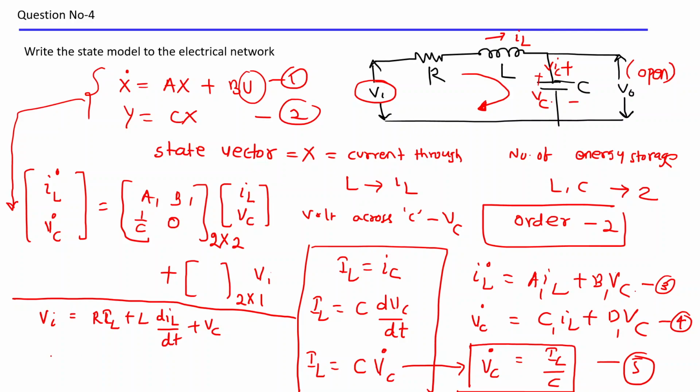Now from this equation, you have to find dIL by dt in terms of the other terms. So dIL by dt, which is nothing but your IL dot, equals Vi minus R IL minus Vc.